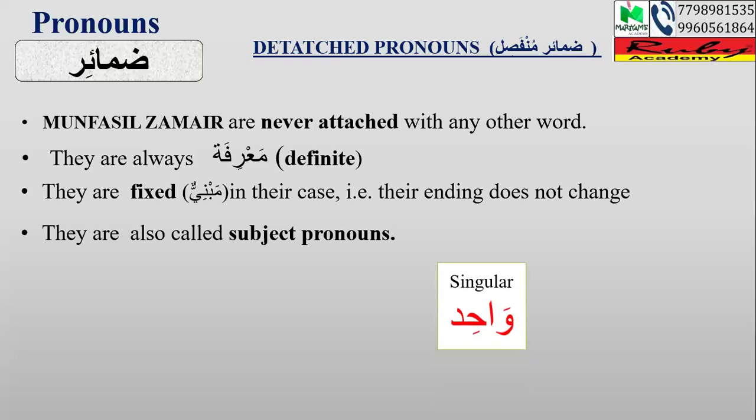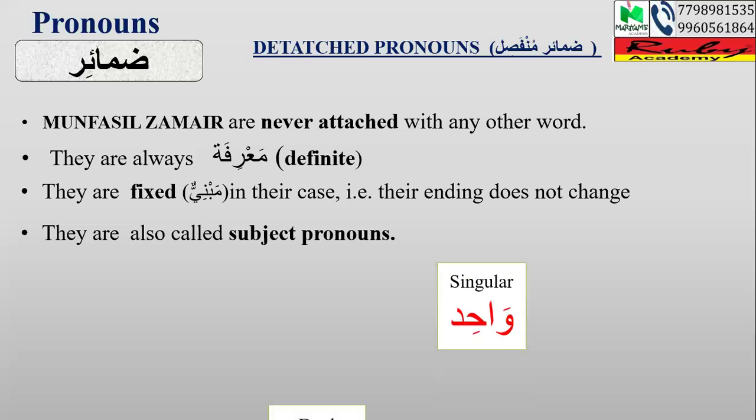So in Arabic language, they have 3 types of numbers. Like in English, we consider only 2 numbers, either singular or plural. For example, he we use for singular, whereas they we use for plural. I is singular, whereas we is plural. But in Arabic, it has 3 numbers. That's why they have 14 damair.